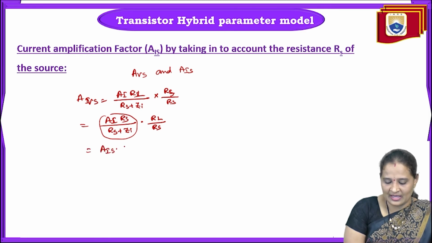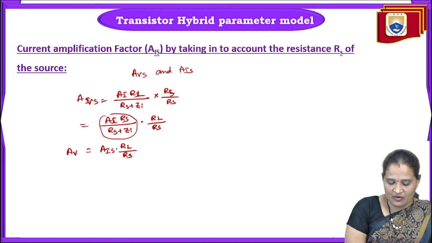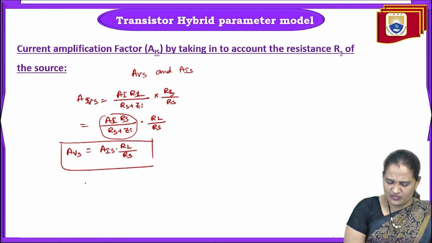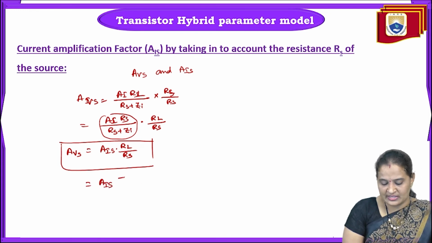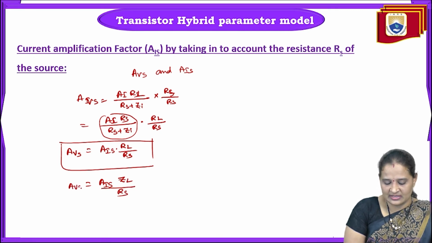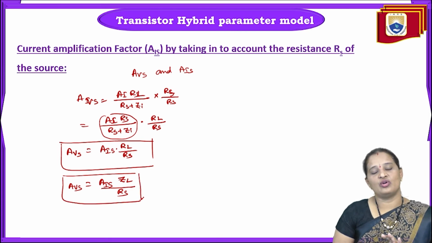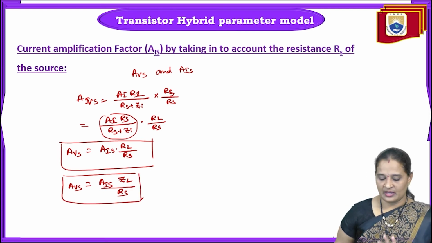So AIS into RL by Rs. This is the formula for AVS in terms of AIS. We can also write this with ZL in place of RL, divided by Rs. This is the relation between the overall voltage gain and the overall current gain.